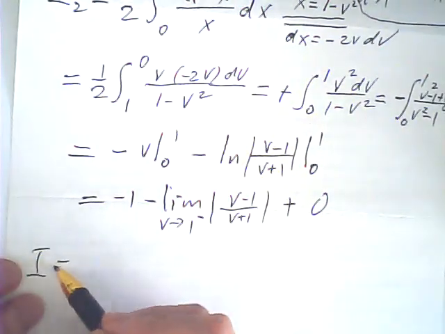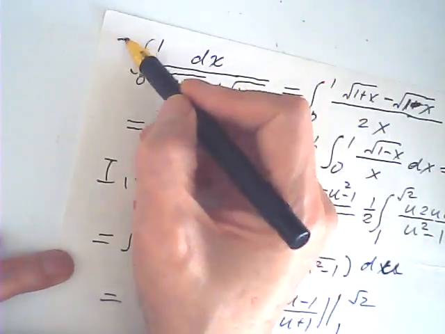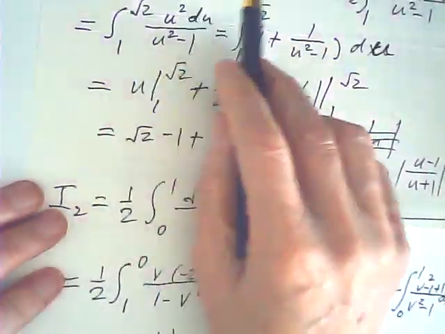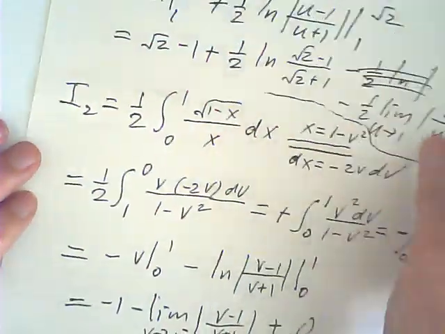Then my original integral I is equal to I1 minus I2.